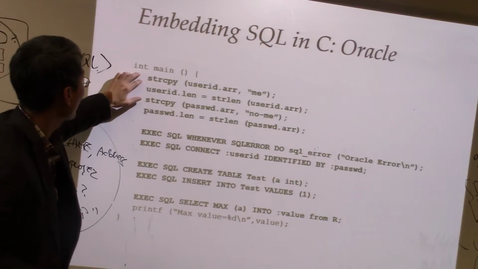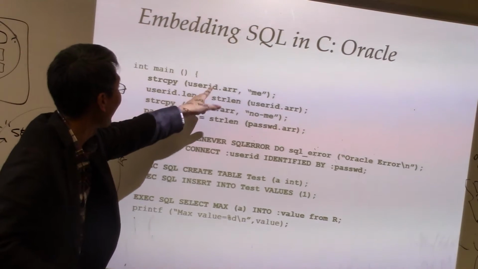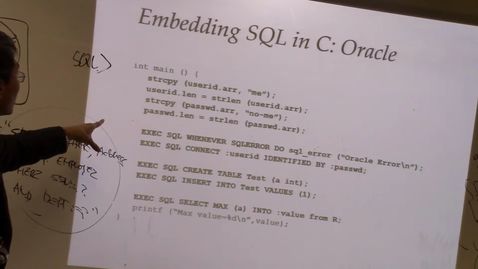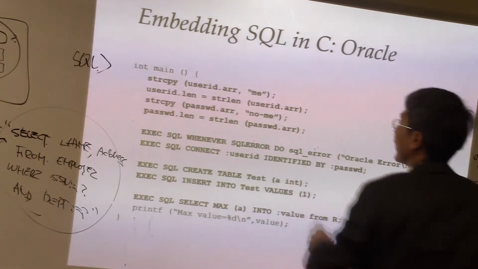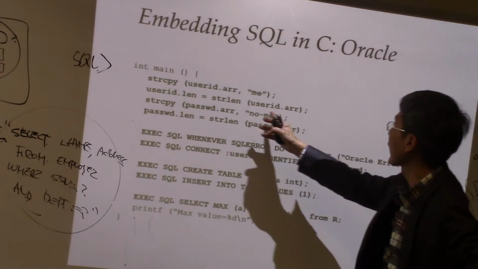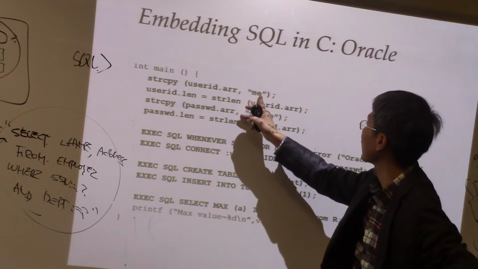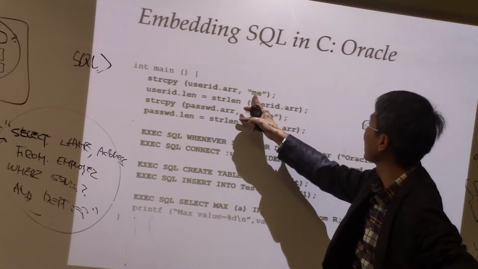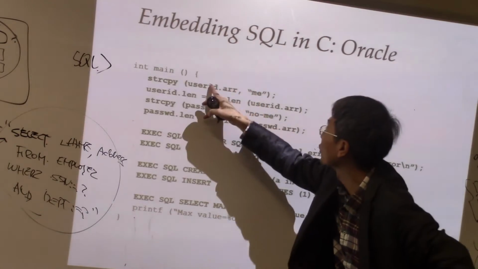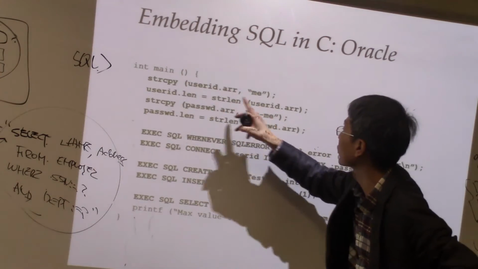Then we'd like to get the user ID. Okay, how can we get the user ID? So, string copy from the array. Actually, you can use a command, as an input from a file or from the standard input. So anyway, in this case you can actually assign a name to the user ID and a name to the password.